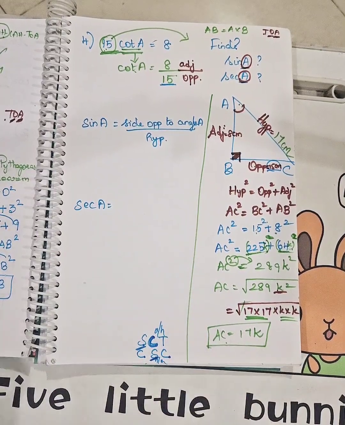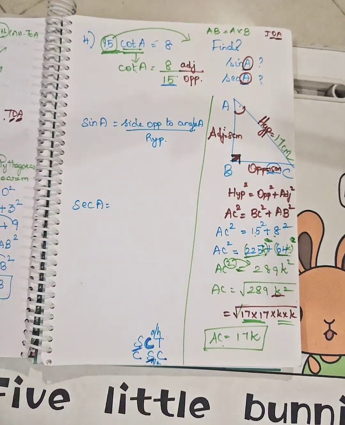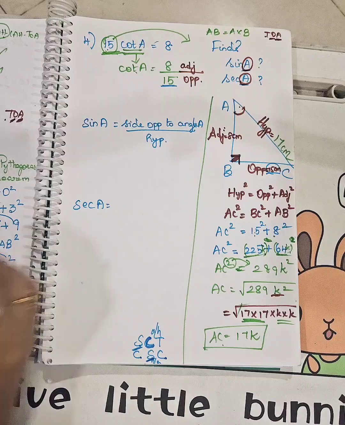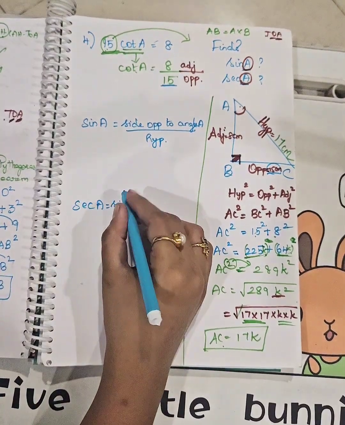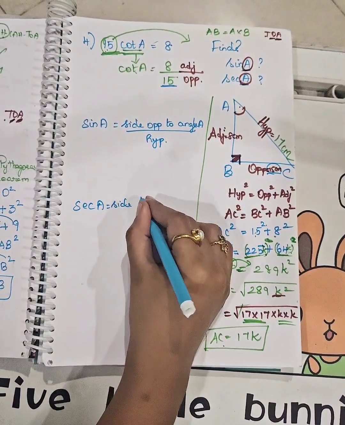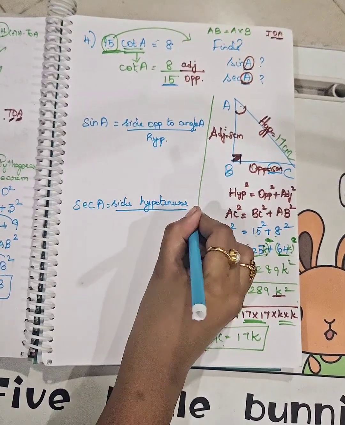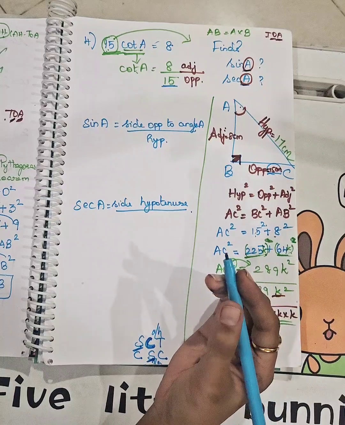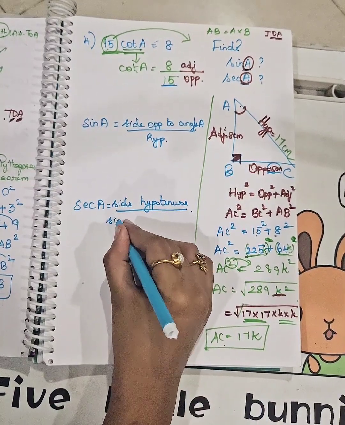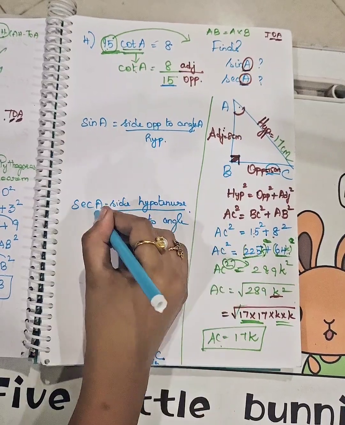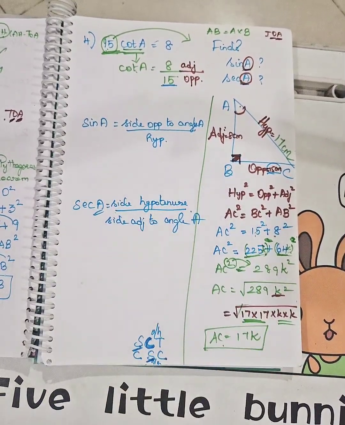Hypotenuse by adjacent. Very simple, students. So hypotenuse divided by side adjacent to the angle. Which angle is given? Angle A. Done. We just need to substitute the values.